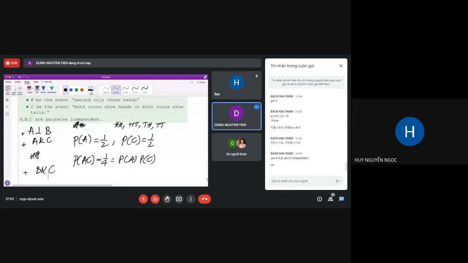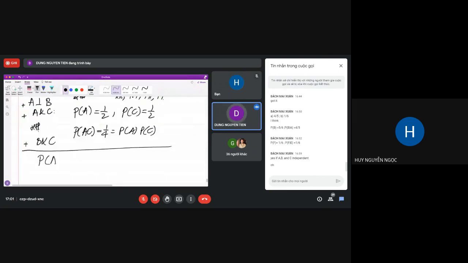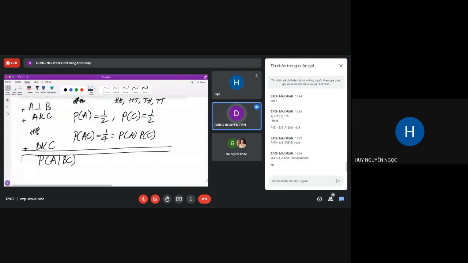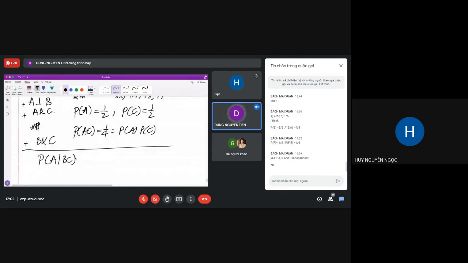However, you cannot drop condition BC when you find the probability of A. Tell me, what is BC? BC is the event that the first and the second are the same, and the second is a head. Therefore, the first is also a head, right? And if the first is also a head, then the probability of A is 100%.